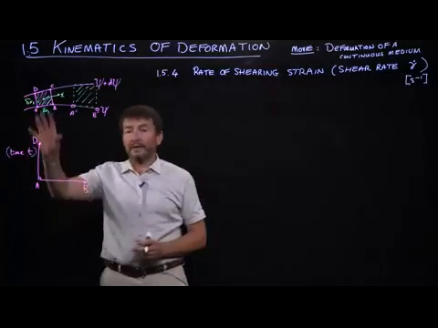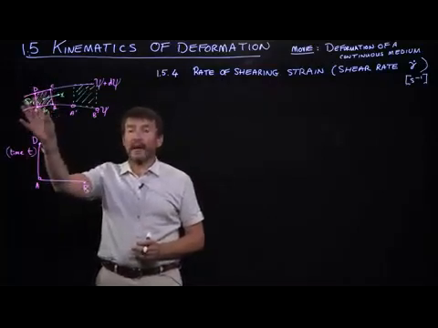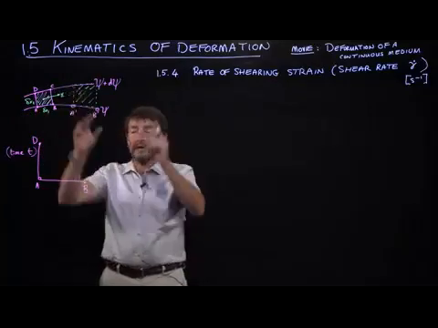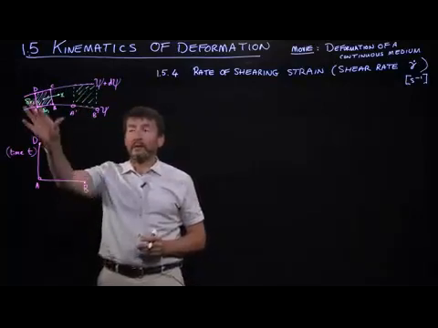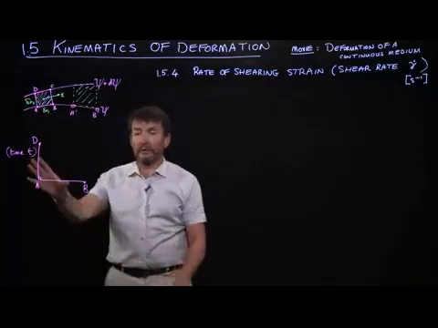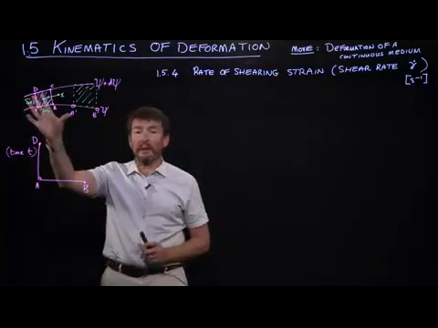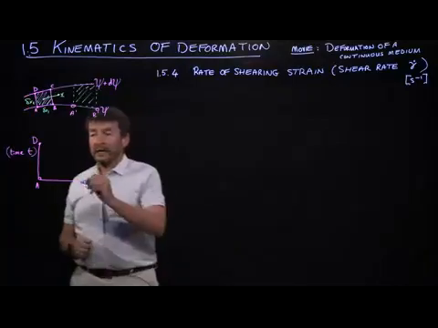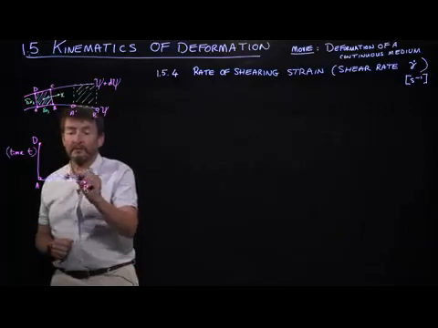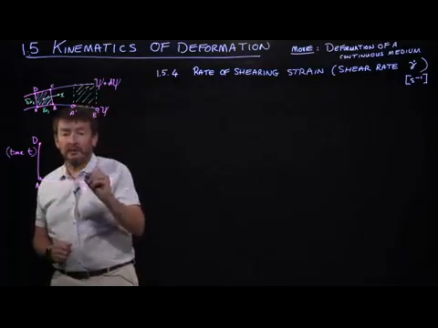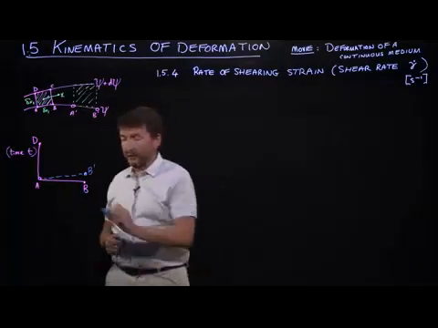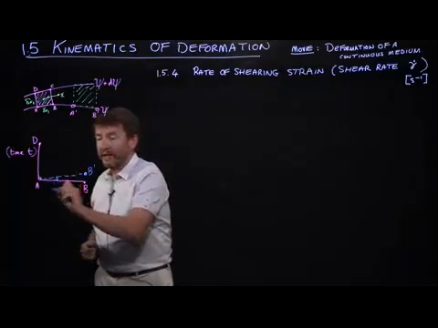So let's imagine our little material element that we have right here, and we've thought about the idea that it might move through space, it might get stretched, it might get expanded, but the final thing that we might be interested in is that the orientation of these angles of these material lines might also be changed. And so if this is what a material element looks like, if we draw a pair of axes in here at time t, at a time t plus dt, we might find that in addition, the material point here has moved to a new angle that we might call B primed, and we'll denote the angle of that change as d beta.